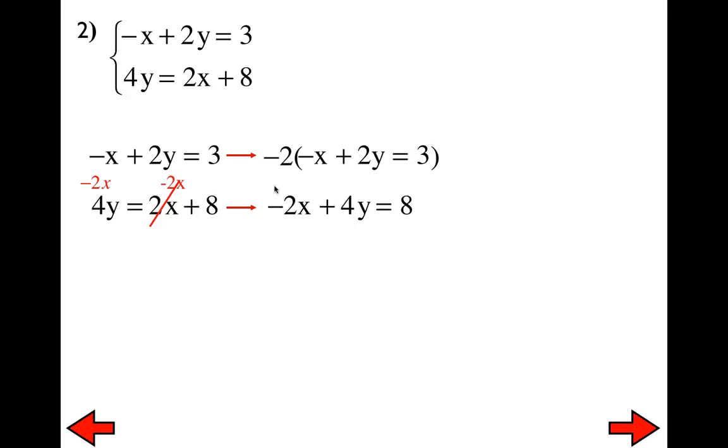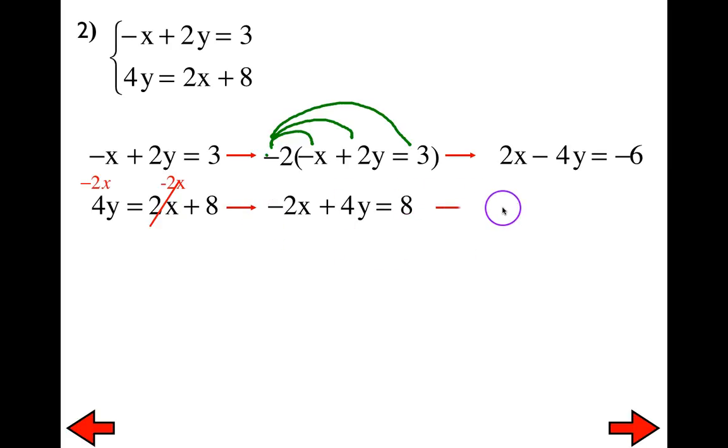So in order to do that, I would have to make one of them a positive, and that's why I went ahead and multiplied by a negative 2. So once you distribute to every single term, this would leave you with a positive 2x minus 4y equals negative 6. The second equation is going to stay exactly the same.